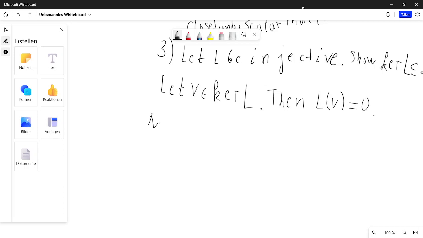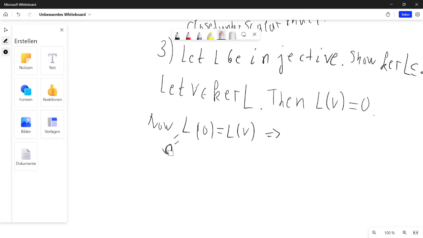Now L of 0 is equal to L of v, where this is 0 as discussed above, and this has been shown to be 0, so it is really equal.